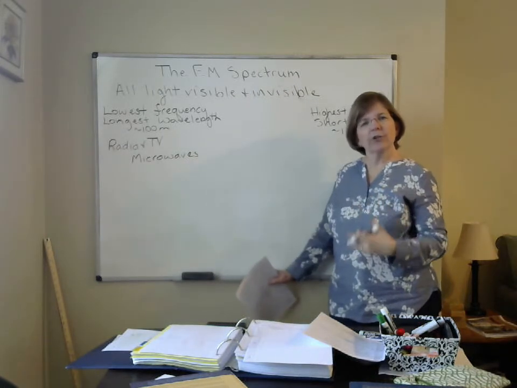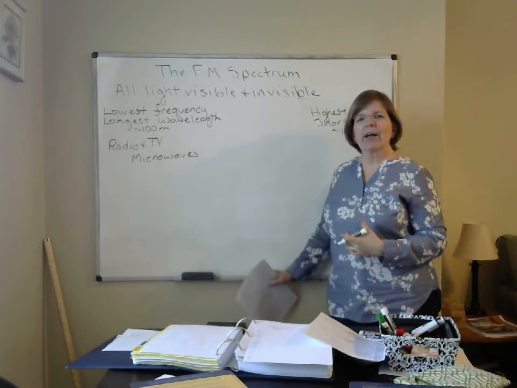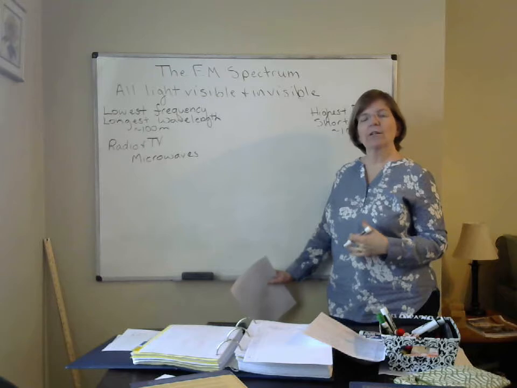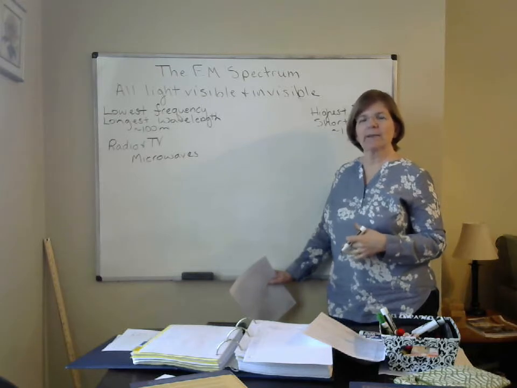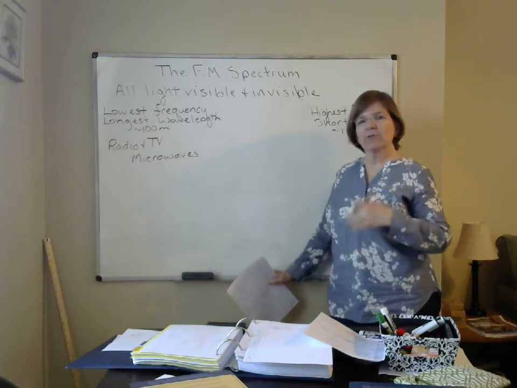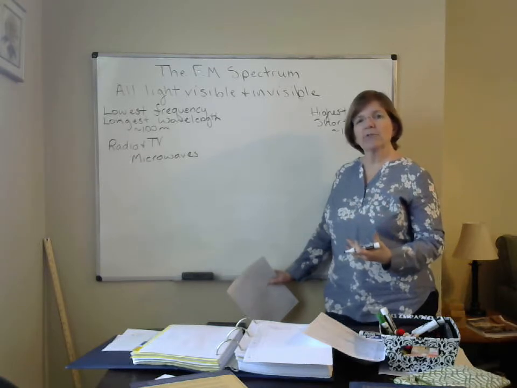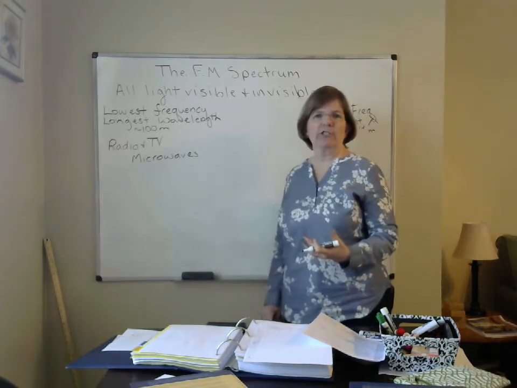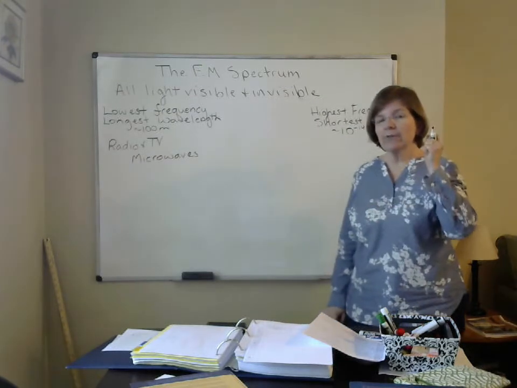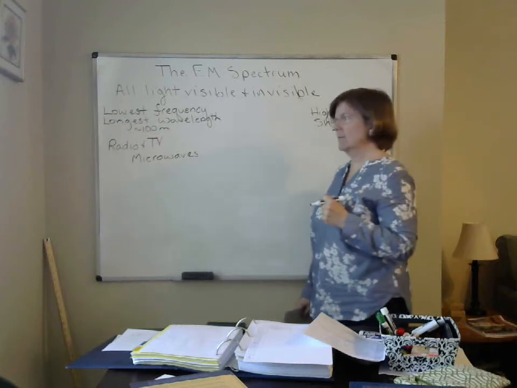We use them for cooking in microwave ovens. But we use microwaves for lots of other things. And one of your favorite ways we use microwaves are cell phones. Your cell phone towers, when you make cell calls and things, they use microwave radiation. So the signal goes from the tower to your phone. That's a microwave signal.